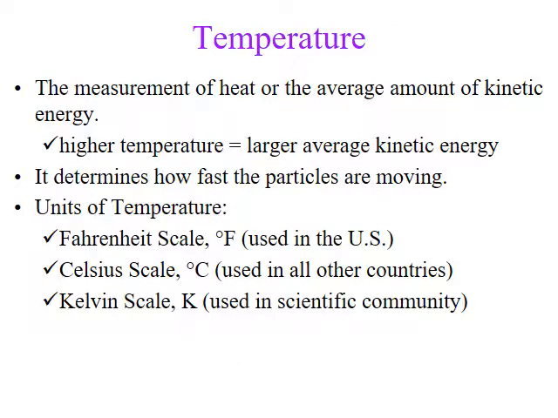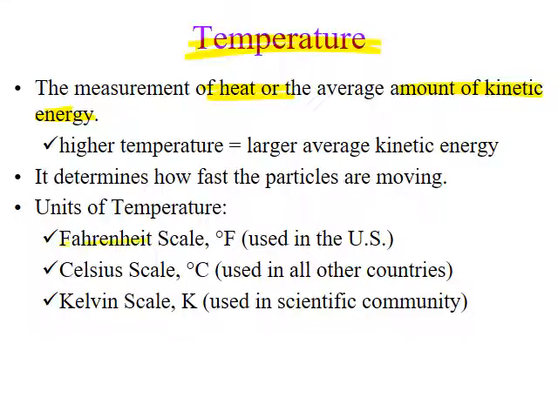The next property we saw was temperature, and as we discussed, temperature is basically a measure of the amount of heat or the amount of kinetic energy that is present in any substance. Here we are specifically talking about gases. The higher the temperature, the faster the particles move because they have more energy. This temperature can be measured in different units.